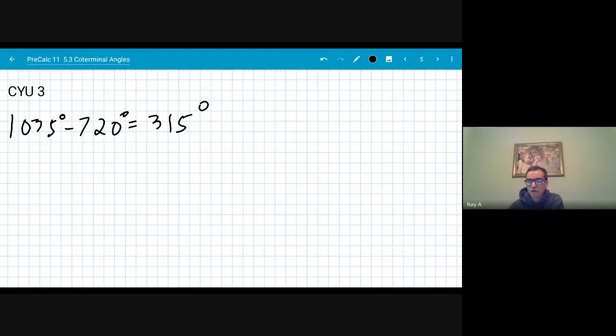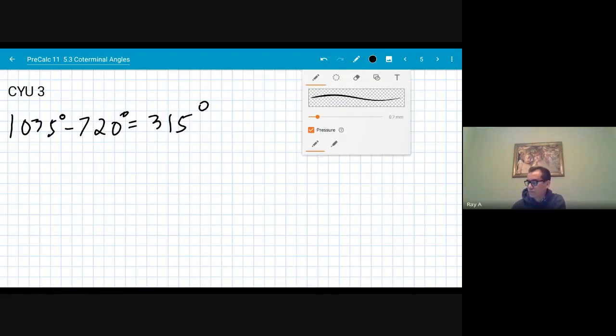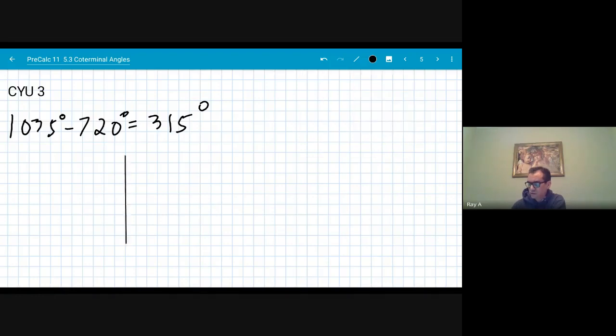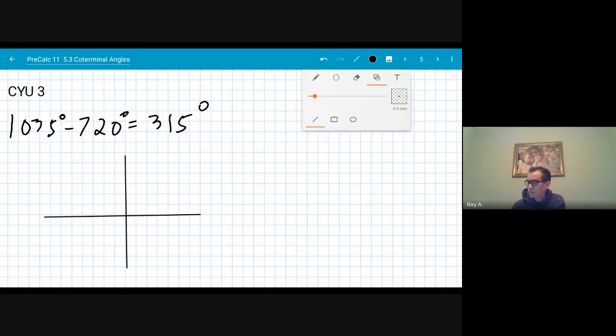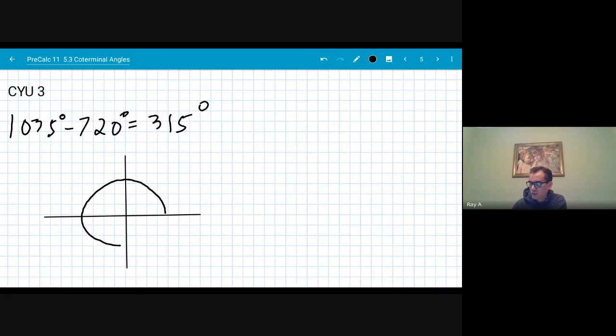Well, that is also quite hard, but we know that 315 would be in quadrant 4. Let me make a quick picture of this. 90, 180, 270.